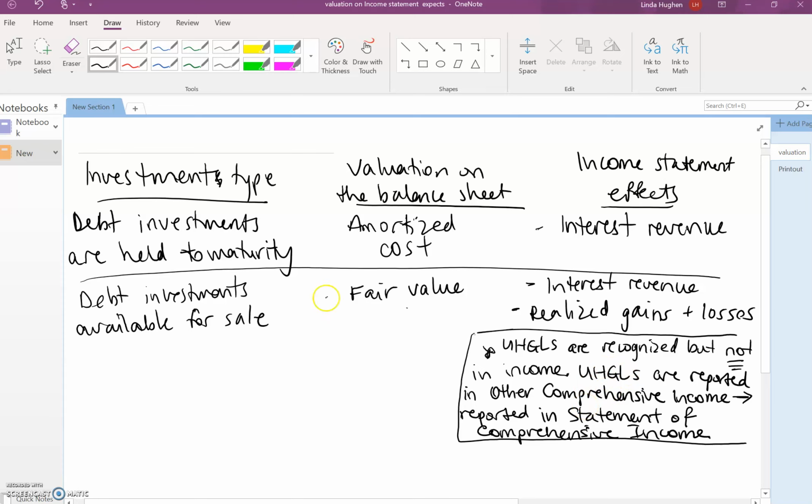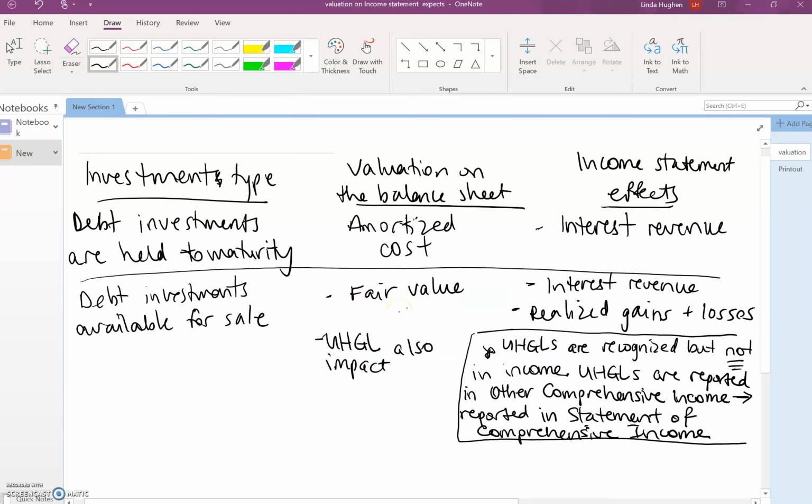So one more thing, these fair values, the asset, investments in debt securities, is reported at fair value. Remember, we use that special fair value adjustment account, so we can think of it as the debt investment asset plus the fair value adjustment balance. But we're also going to see the cumulative effect of these unrealized holding gains and losses reported. Unrealized holding gains and losses throughout the period also impact something else. So they impact the fair value of the asset.